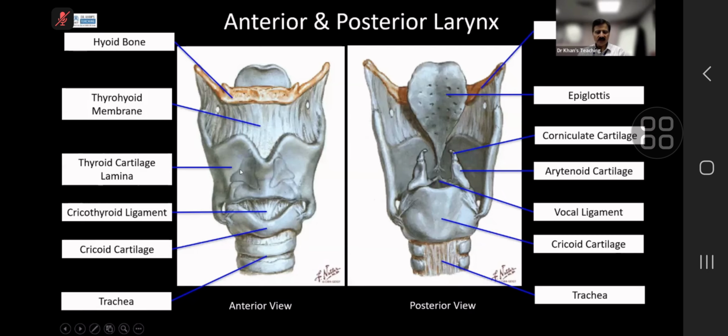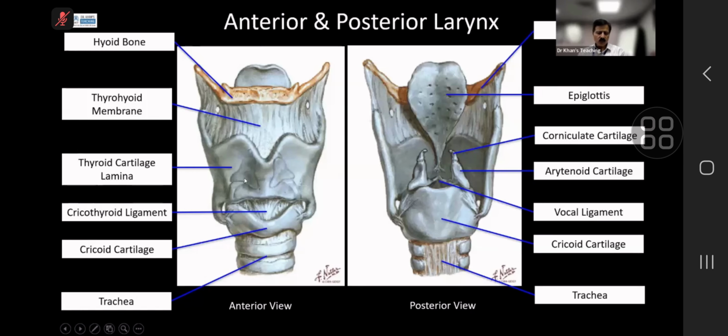So first of all, let's do the thyroid cartilage. Now the thyroid cartilage is the largest cartilage of the larynx. And this is what we call the Adam's apple. If you touch your neck right now, you can feel it here. This is the Adam's apple.